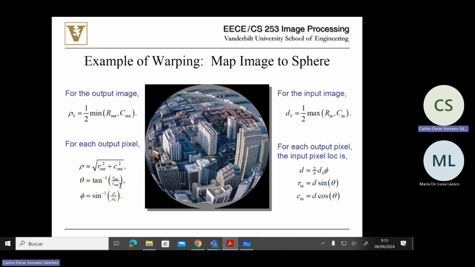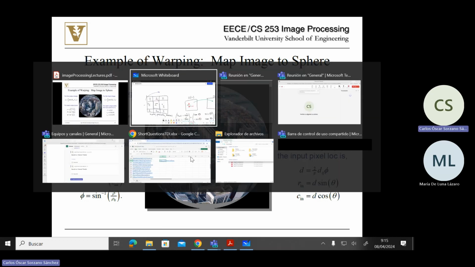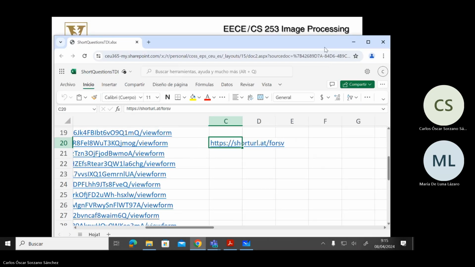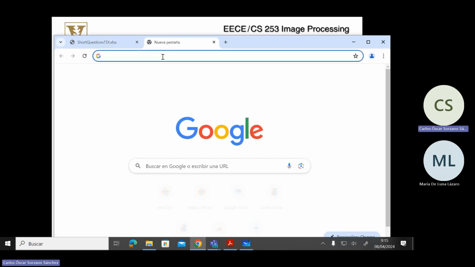And also these geometrical transformations can be used to make very fancy transformations. This is one of them. Let's say this goes to some cameras.